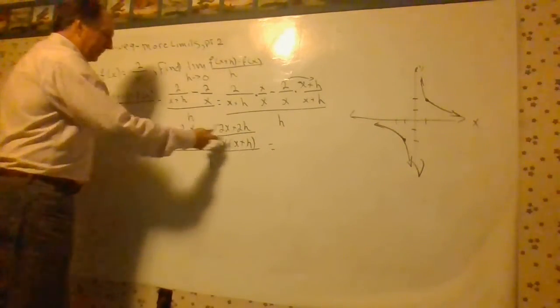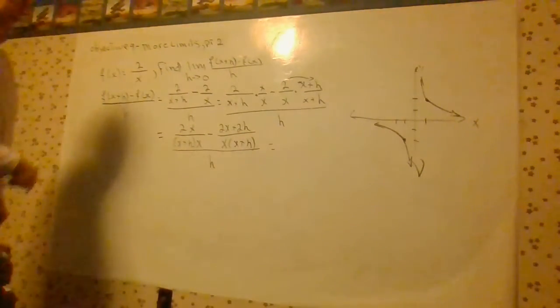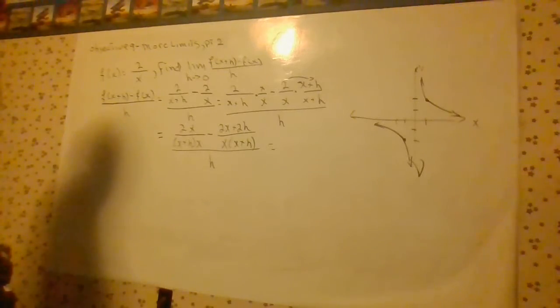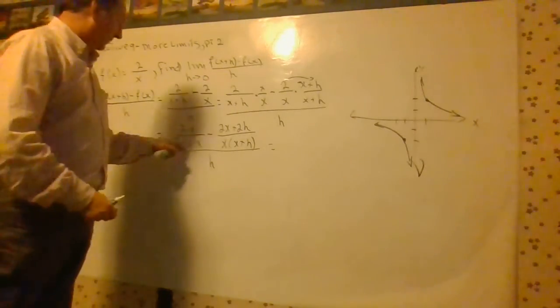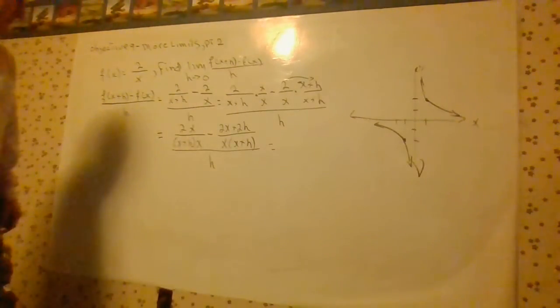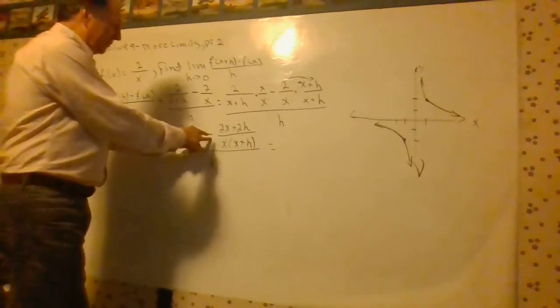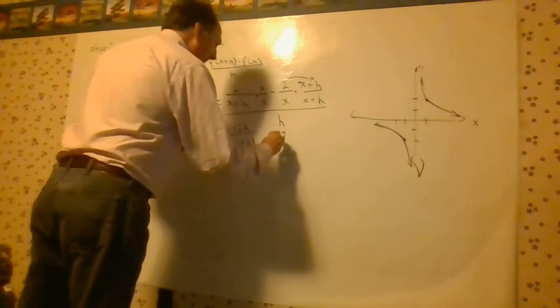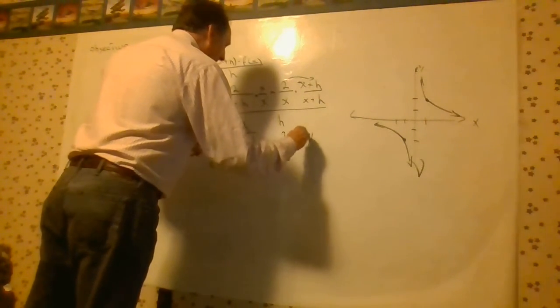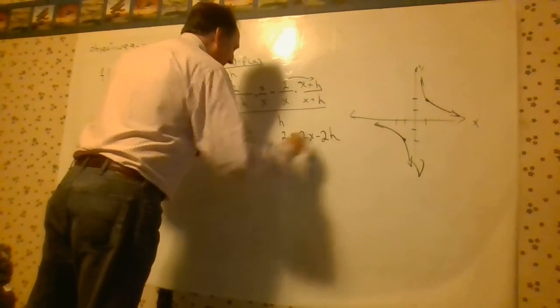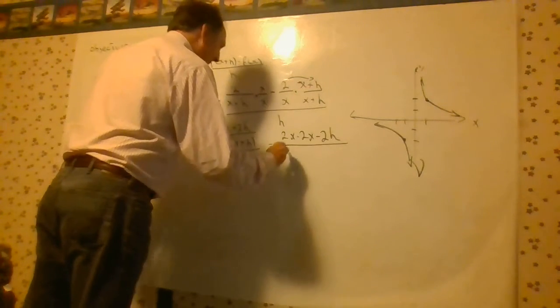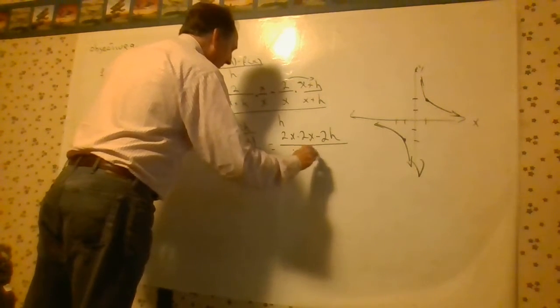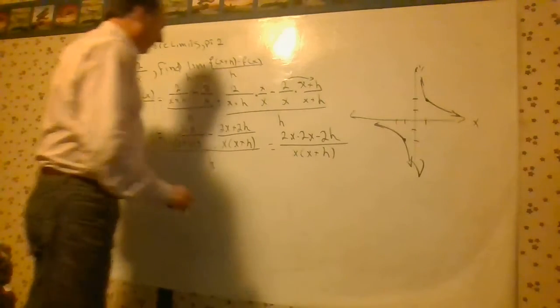Notice I keep the denominators factored. Eventually we're going to cancel something out, so we'll keep it in factored form. No point in multiplying it out. Now when we subtract, you have to subtract 2x, subtract 2h, and so we get 2x minus 2x minus 2h over x times x plus h.